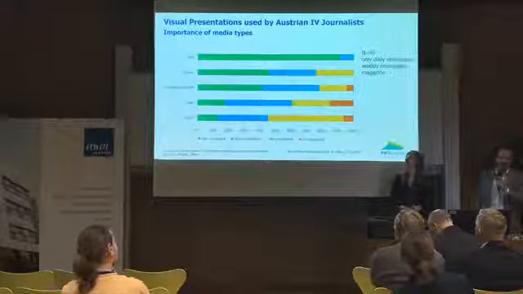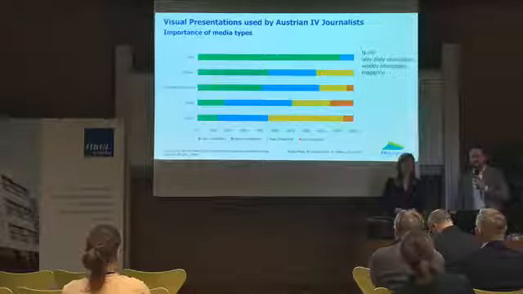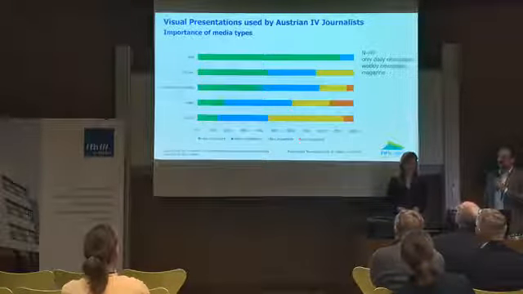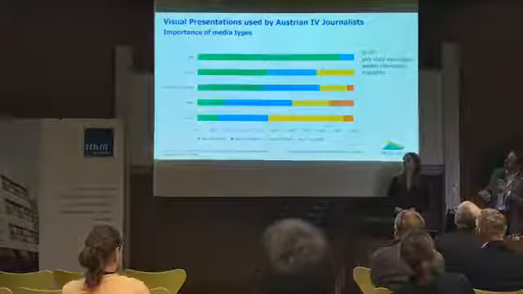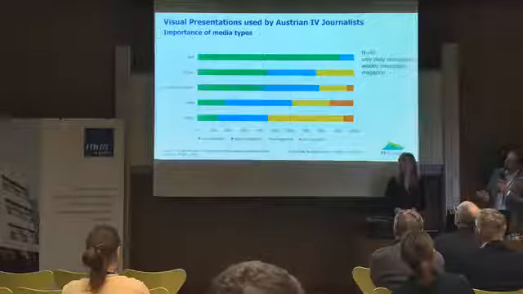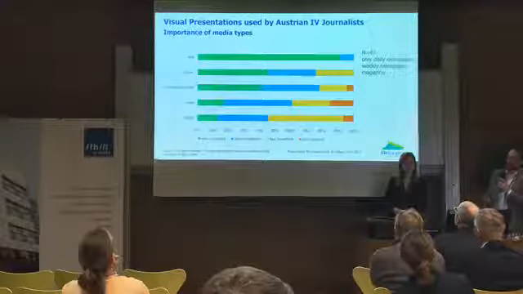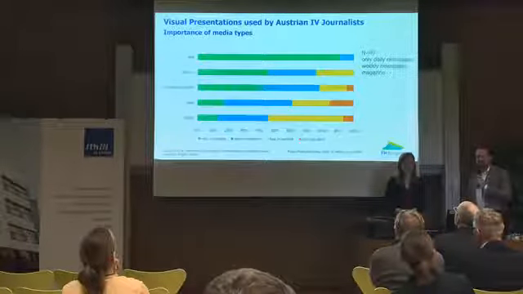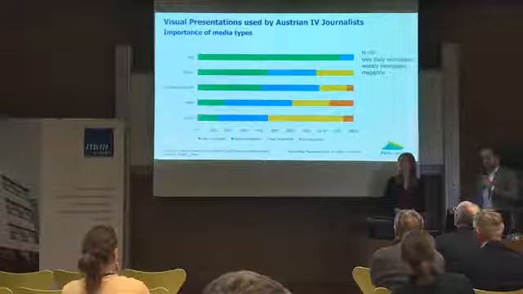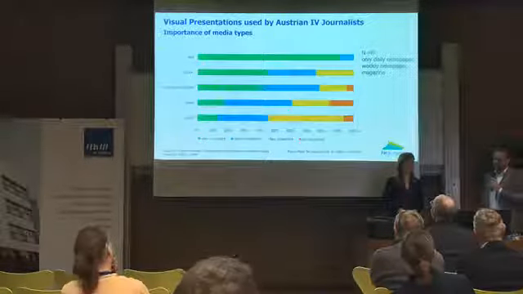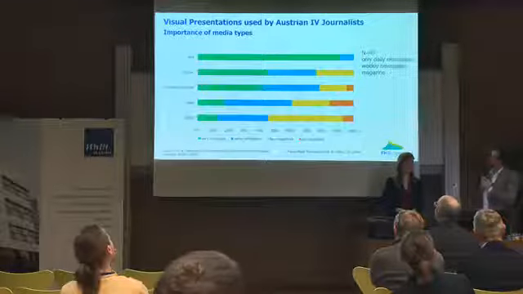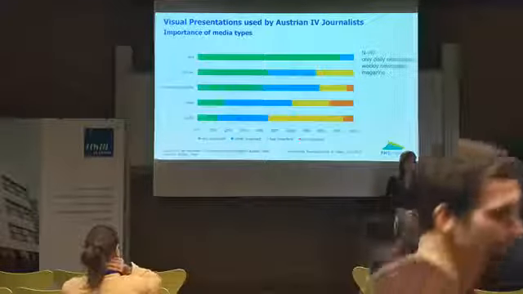Interesting is that when you ask the same journalists about the importance of different media types, then they say something different. It's again text, pictures, infographics, but a large part of the journalists is also aware that video and audio might be interesting or useful for more complex things like investigative reports or reportages, but still they are not using them.